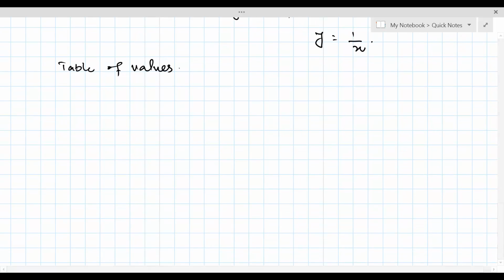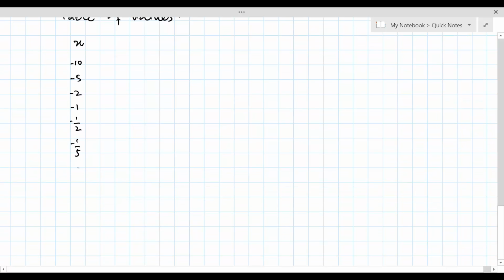Let's assume that x has values like -10, -5, -2, -1, -1 by 2, -1 by 5, -1 by 10, 0.